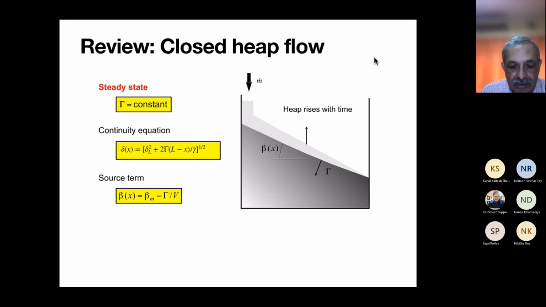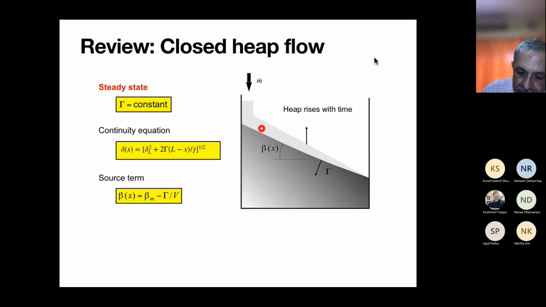So last time we were looking at one example in which we said that, okay, supposing we are constantly pouring material and then it forms a heap, then what will happen is that this heap will rise with time, and you will get a sort of profile for the layer thickness.